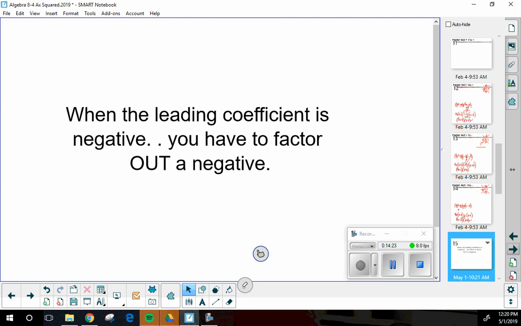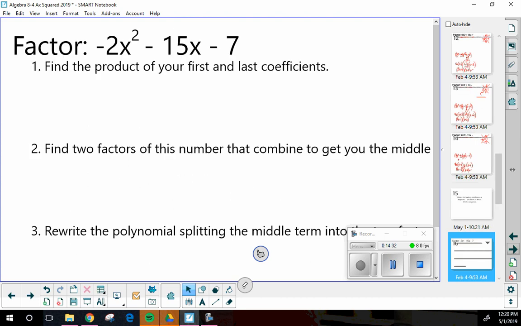Okay, when the leading coefficient is negative, you need to factor out a negative. But we've been doing that, so we'll give an example of this. This leading coefficient is negative. All right, so the first thing we do is just keep starting like we've done. Now watch this. This is a negative 2 times a negative 7.